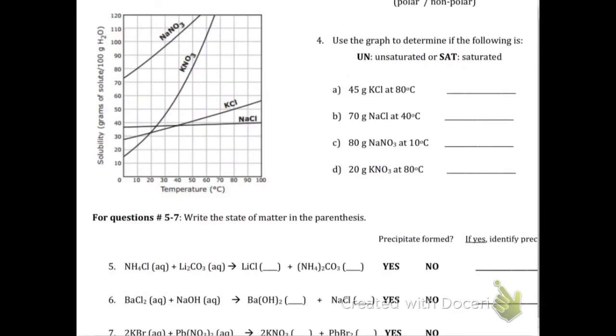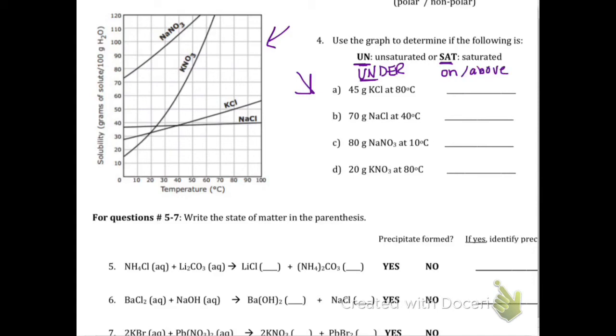Here you have your solubility curve, and you're going to use this graph to determine these questions. Remember, unsaturated means you are under the line. Saturated means that you are on or above the designated line.